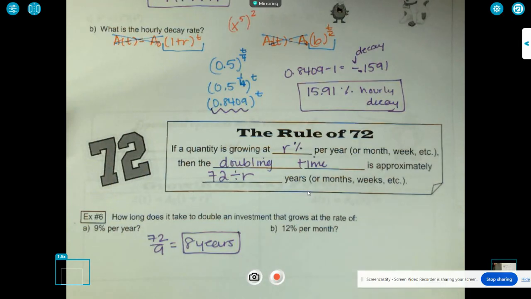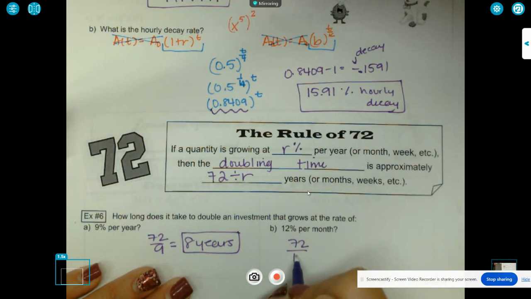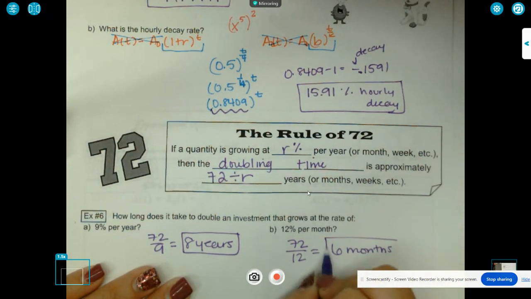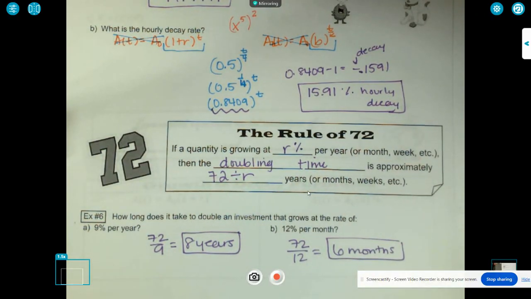And then 12% per month would be 72 divided by 12, which is 6 months. Okay, but it's only a doubling time. Only a doubling time. And it's only if it is growing at R%.